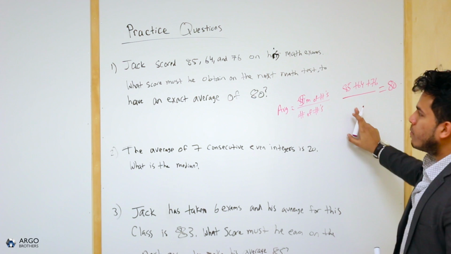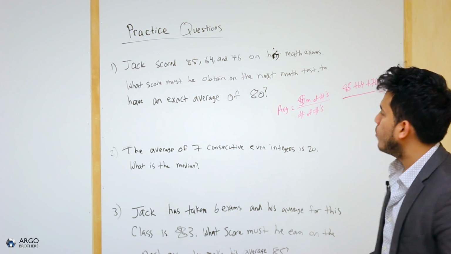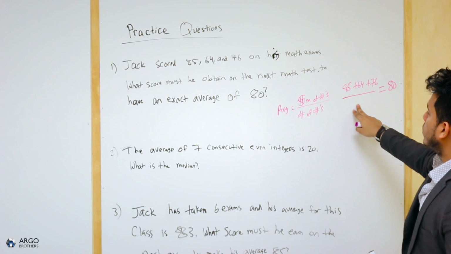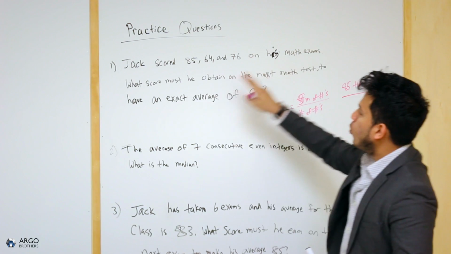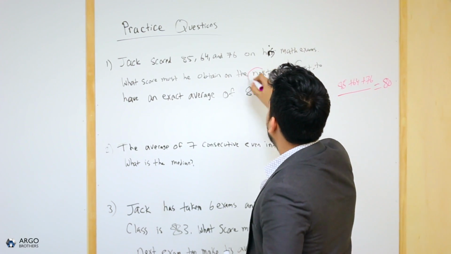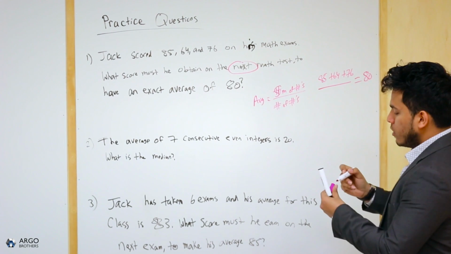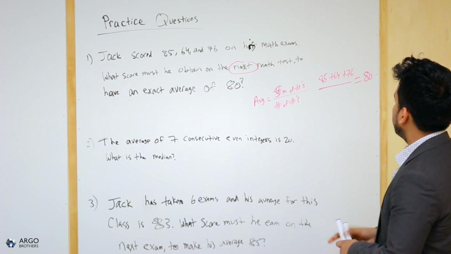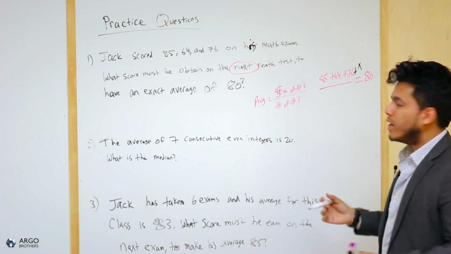Now, what is the number of numbers? Do not be fooled. Here is one where you can actually mess up. Do not put that the number of numbers here is 3. It's not 3 exams. The question is saying, what score must he obtain on the next exam? So there is a score for the next exam. So you have to put plus x, right? Here's your variable. Plus x, you don't know what the test grade is.